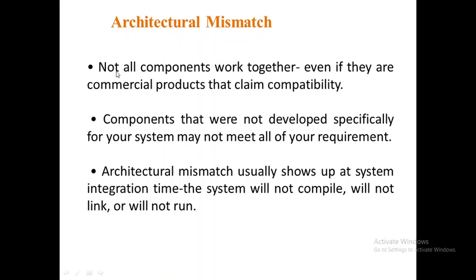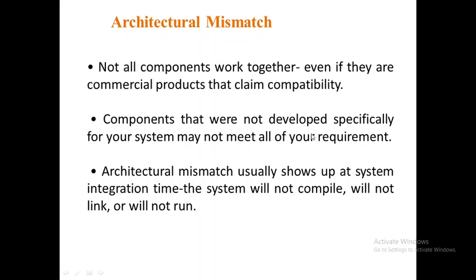From that compatibility list only, you need to select the suitable components. So you see, not all components work together, even if they are commercially produced. Commercial products that claim compatibility, sometimes they say it is compatible, but it may not match with your system. So some API problems may occur. API, application program interface problems may occur with your system.